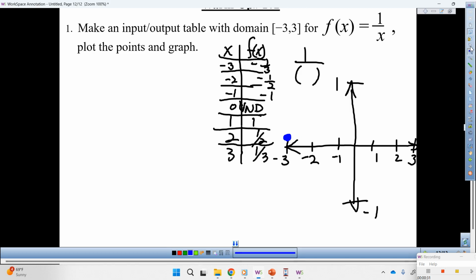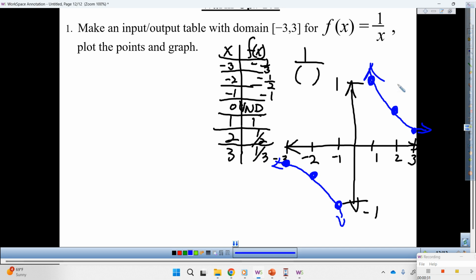Oh, -1/3 down here. -2, 1/2. -1, -1. On the other end, we have 1, 1, 2, 1/2, 3, 1/3. There you go. Once again, students, rational function.